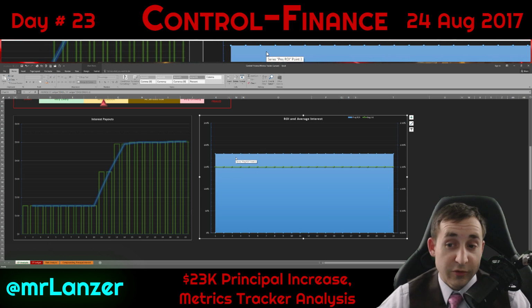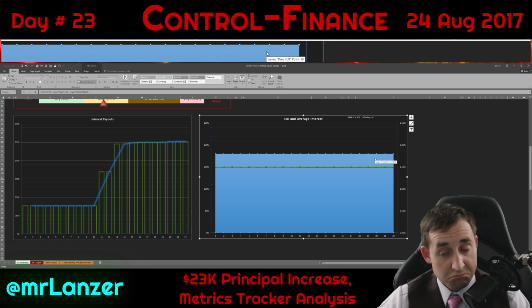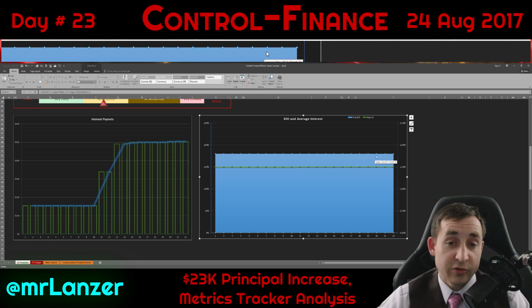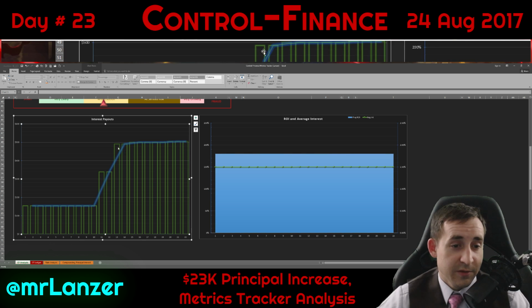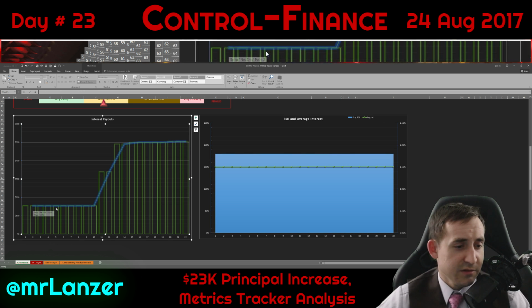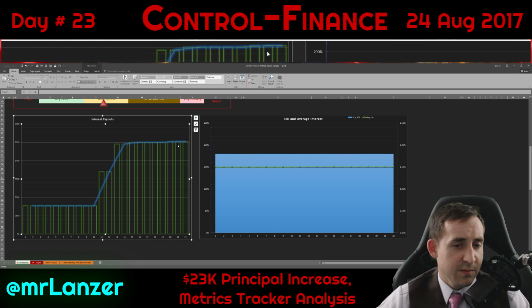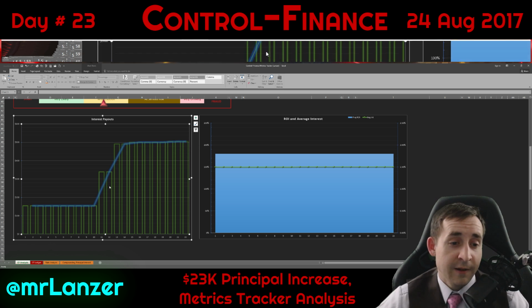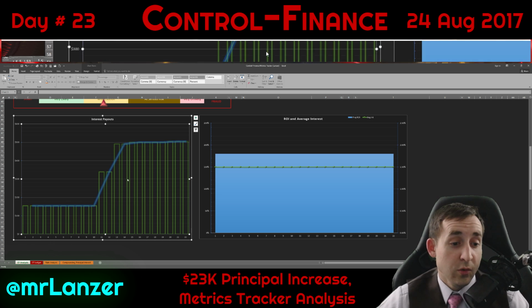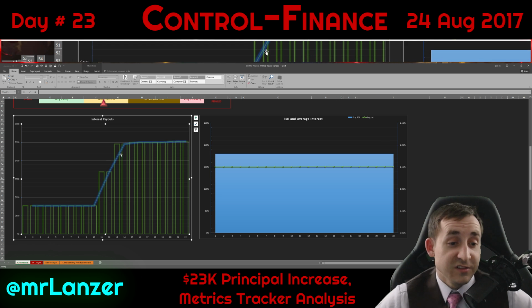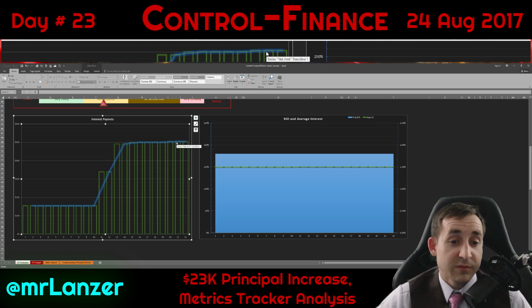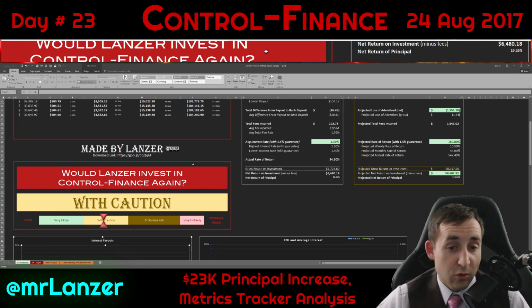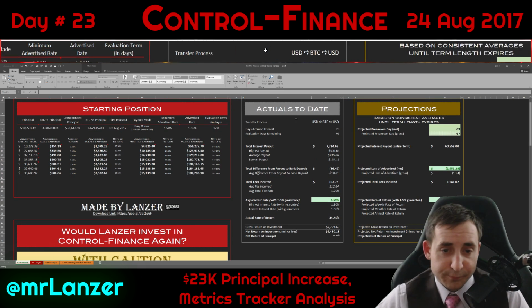The projected return on investment has also stayed the same and hasn't budged. The interest payout graph fluctuates because the green bar represents the principal, and I decided to triple my investment early on. That's why you see these big jumps, and then the smaller jumps are the reinvestments of various different things, which we'll go over shortly.